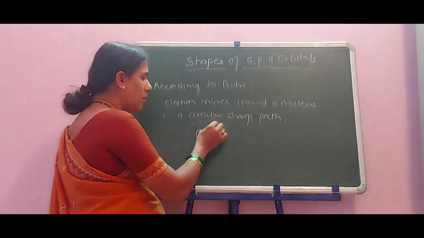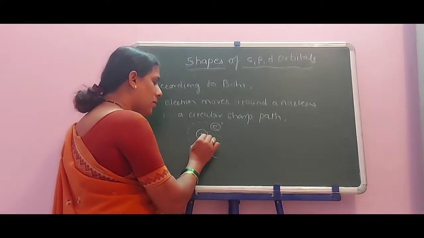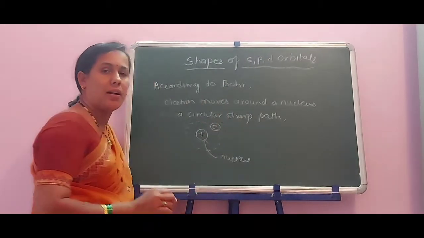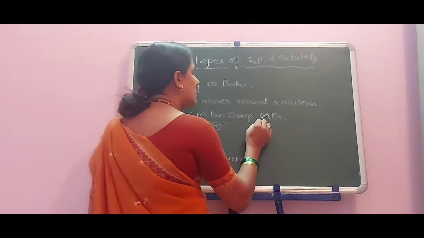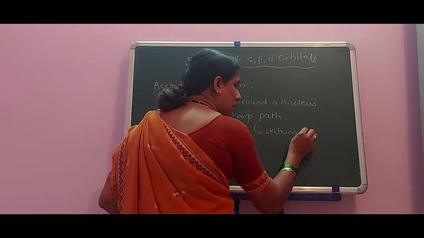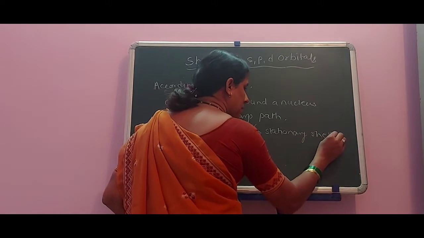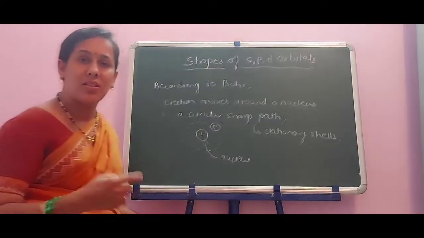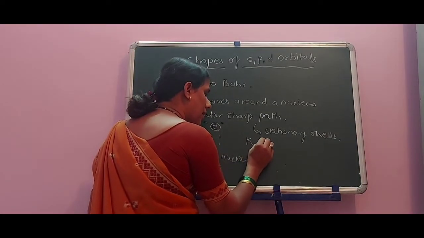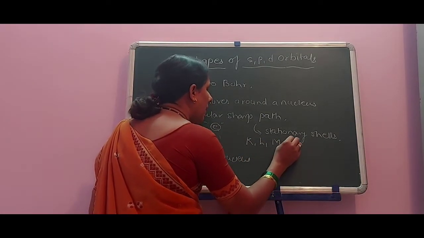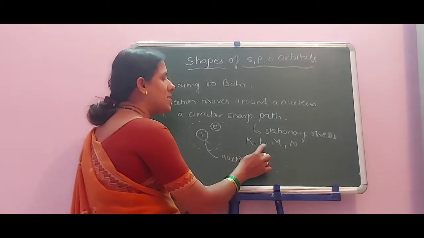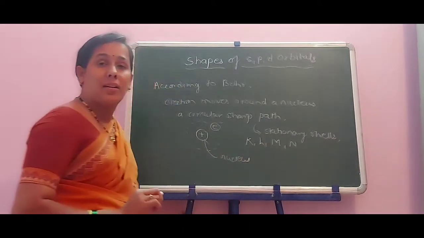According to Bohr, the electron moves around the nucleus in a sharp circular path, and that path is called a stationary shell. Stationary shells are represented by the capital letters K, L, M, N and so on, denoting the first, second, third and fourth shells.